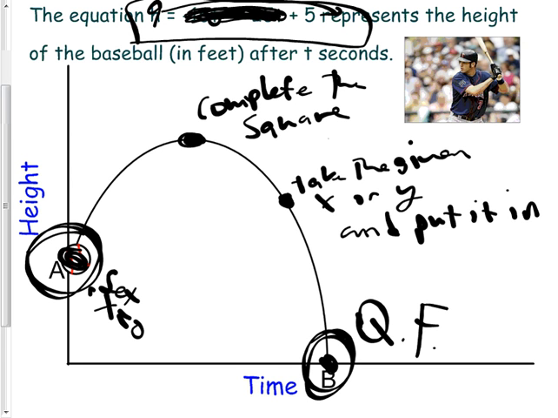Okay, those are the main points. So when they ask you, they have a question on your homework today that's got a baton twirler, and they talk about when did the baton hit the ground? You should be going, oh, that means you want this, which means what should I do? Say it. Quadratic formula. When they say, how high did the baton go?